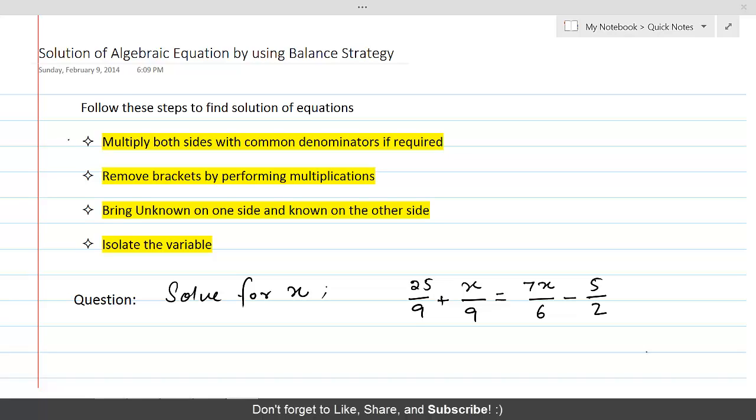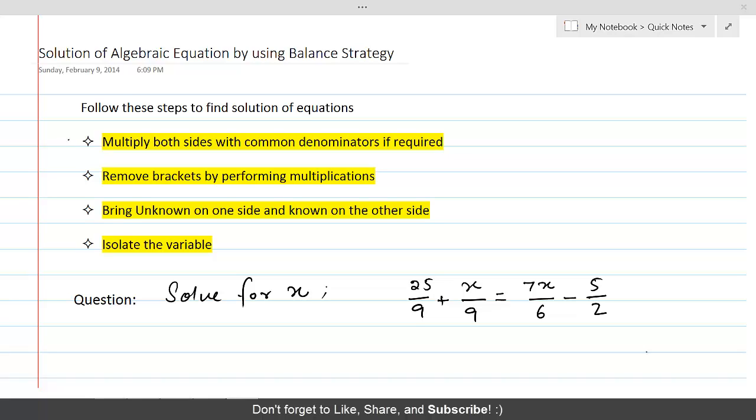Third step would be bring unknown on one side and known quantities on the other side. What it means is that bring all the variables on one side and the known quantities on the other side. That would be third step. And in the fourth step, isolate the variable, and that will give you the solution.